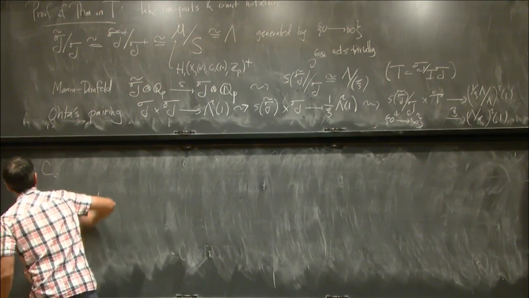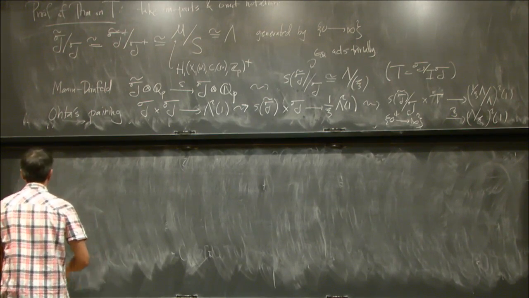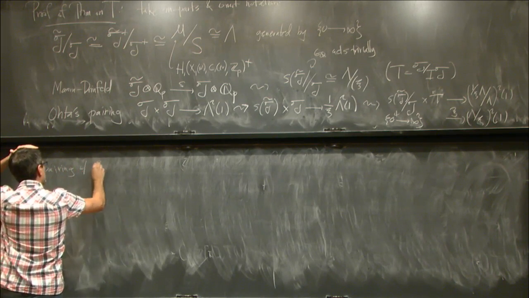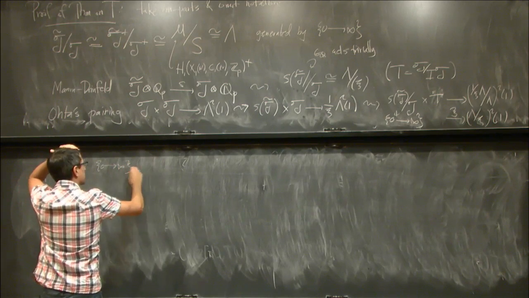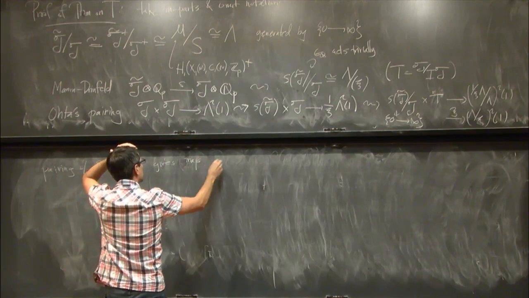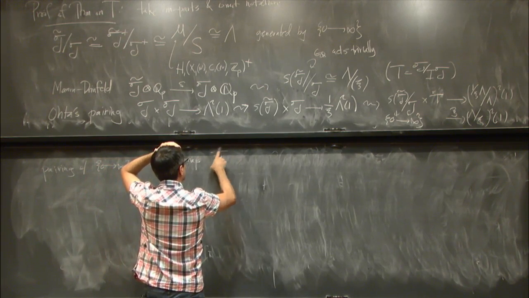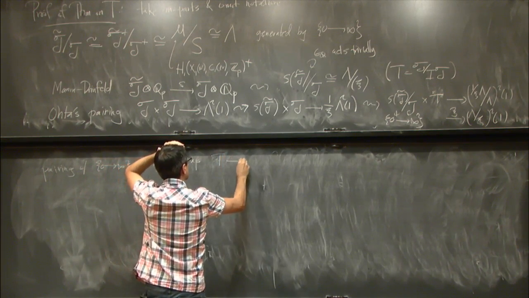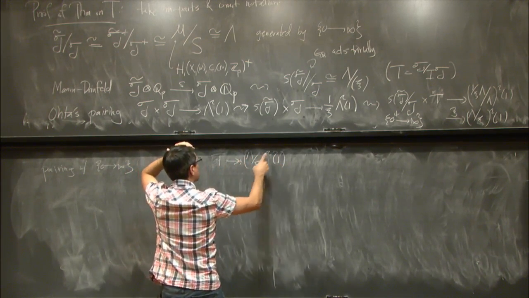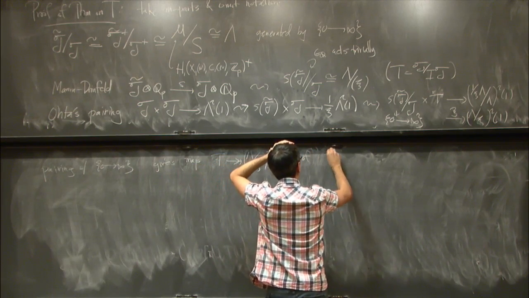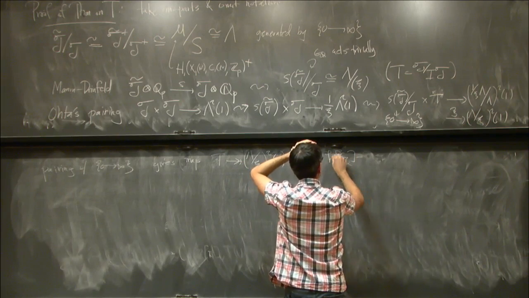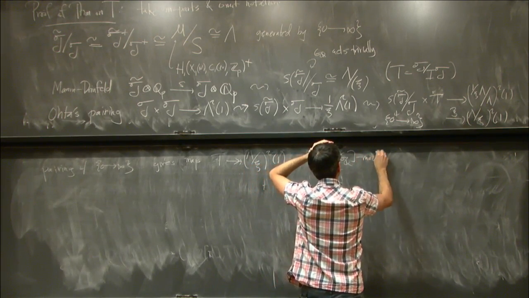So because of that, pairing with 0 infinity gives a map T to lambda mod c iota 1. It's surjective of H G Q modules, H mod I G Q modules.